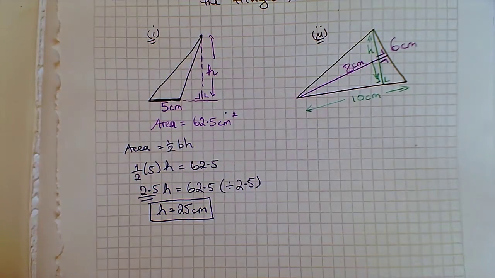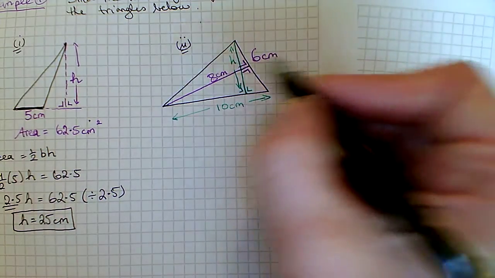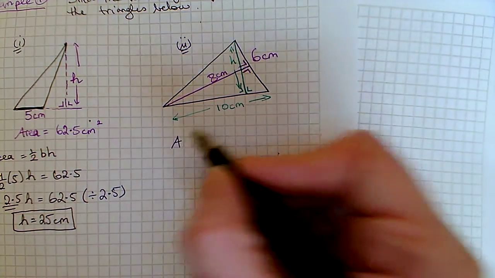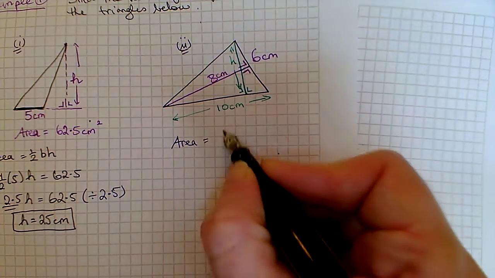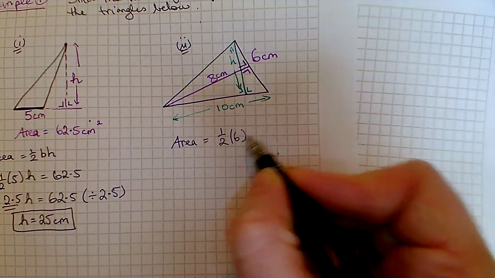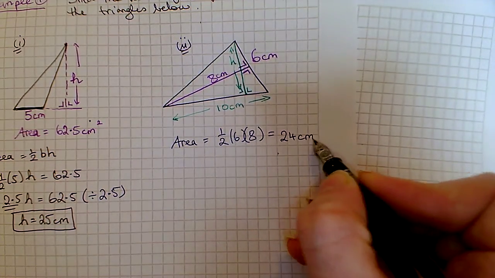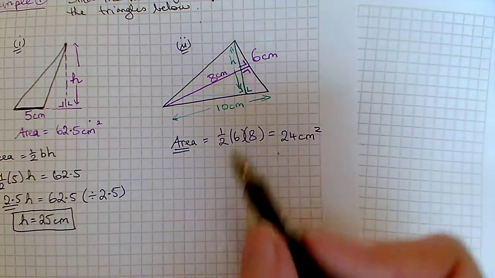Okay, now in the second question, it's a little bit odd. They didn't give us the area, but they gave us a way to find the area. So if I use the purple sides there, I can calculate that the area is a half the base by the perpendicular height, and that's 24 centimeters squared. So because I know that, I can now use the green sides.